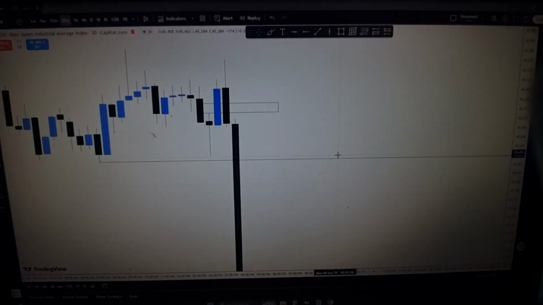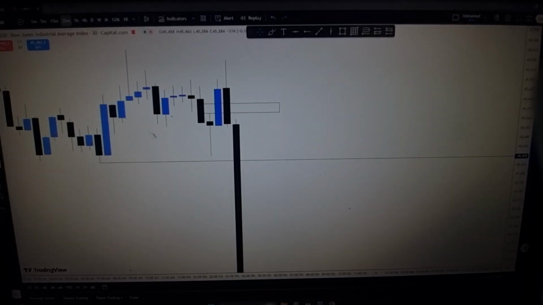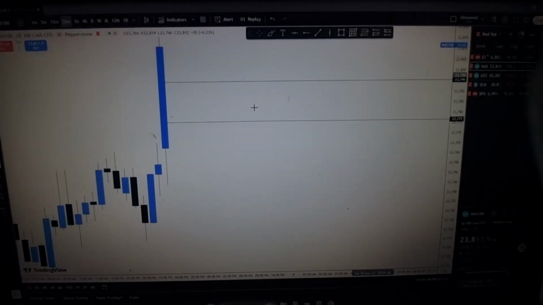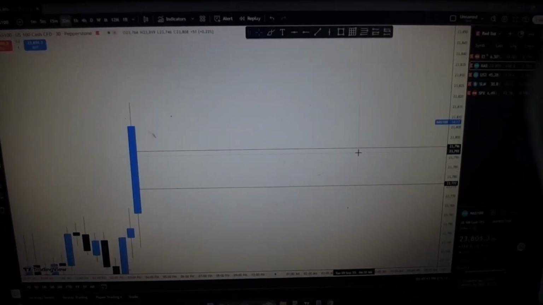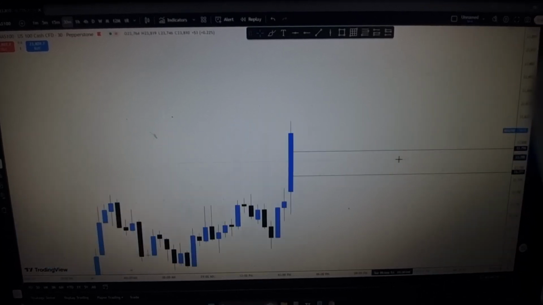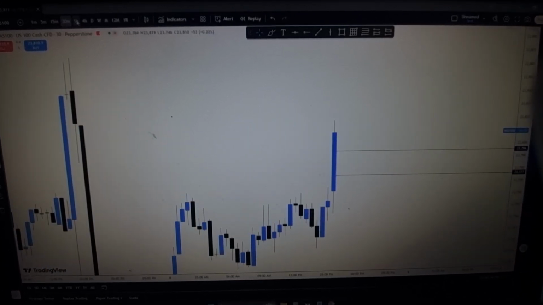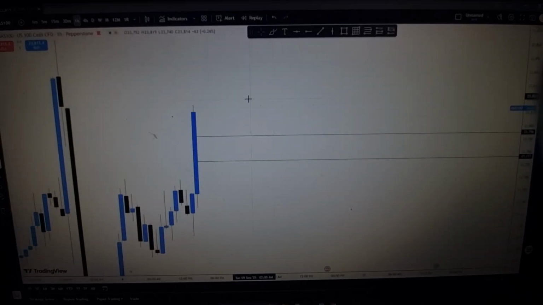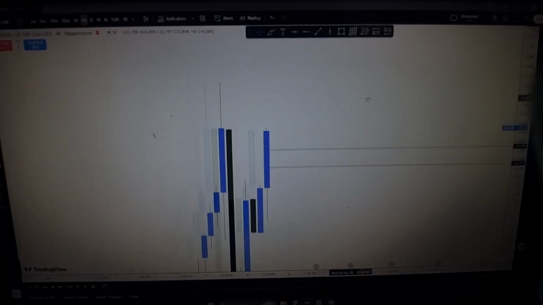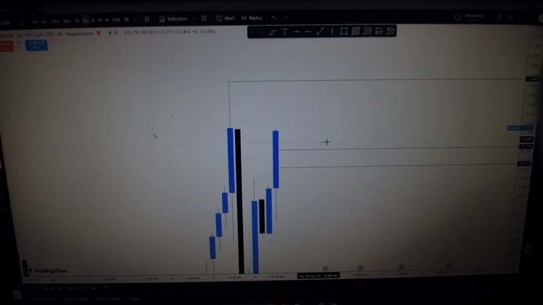Okay, so we do have these highs that potentially also can be swept.